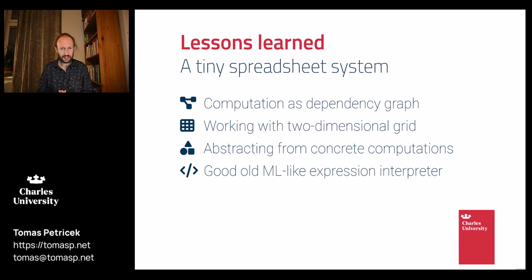We've also looked at the two-dimensional grid, and in particular, there's this drag down operation that is enabled by the two-dimensional structure and makes programming easier. And it enables this idea of abstracting by writing a concrete computation with just numbers and then generalizing it across a range of values, which I think is a very powerful and very underdeveloped idea.